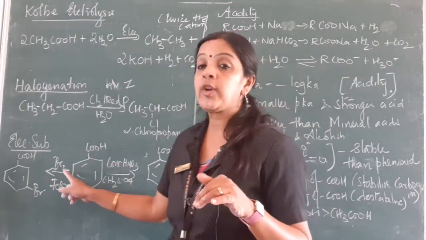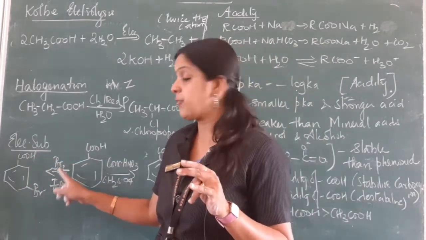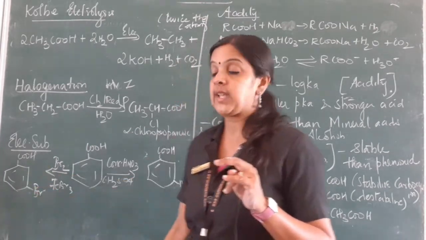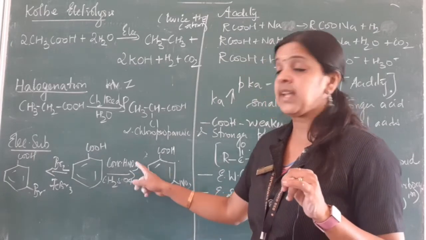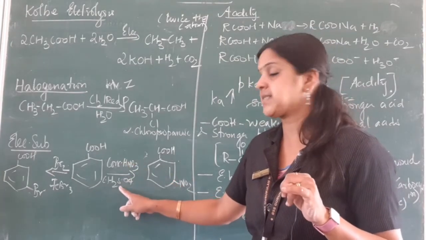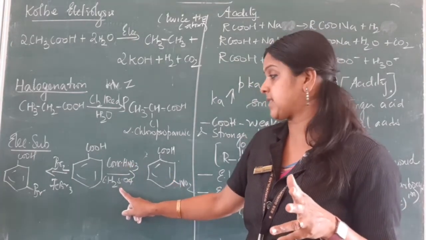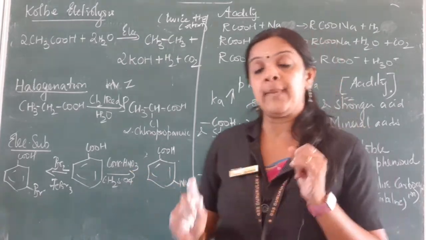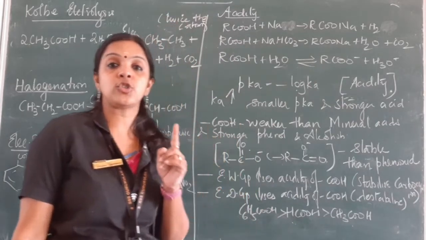So when it undergoes halogenation in the presence of bromine and FeBr3, you get meta-bromobenzoic acid, and in the presence of concentrated nitric acid and concentrated sulfuric acid, the nitro group, being an electrophile, comes and is added at the meta position, not at the ortho and para.